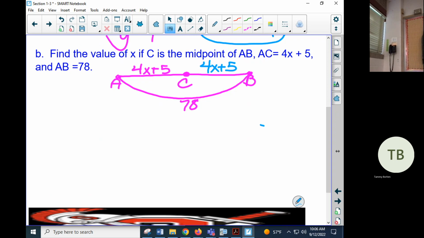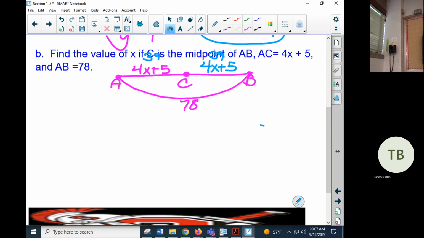Do you get that? Now, other kids might think, if this is 78, could you find each of these just by dividing by 2? And that would be 39. And if you saw that this would be 39 and this would be 39, then you could just set this equal to 39. So that's another way to do it.